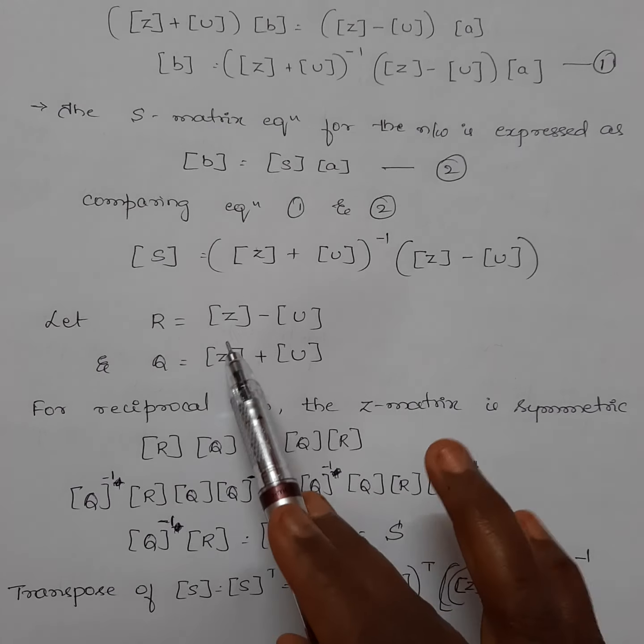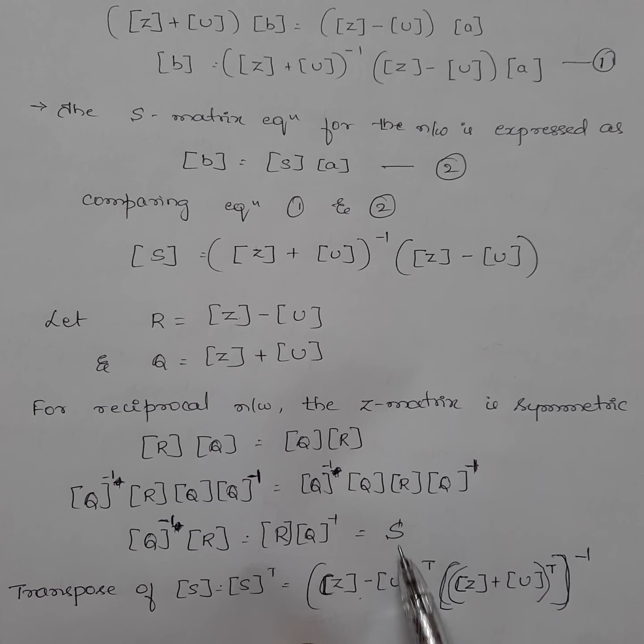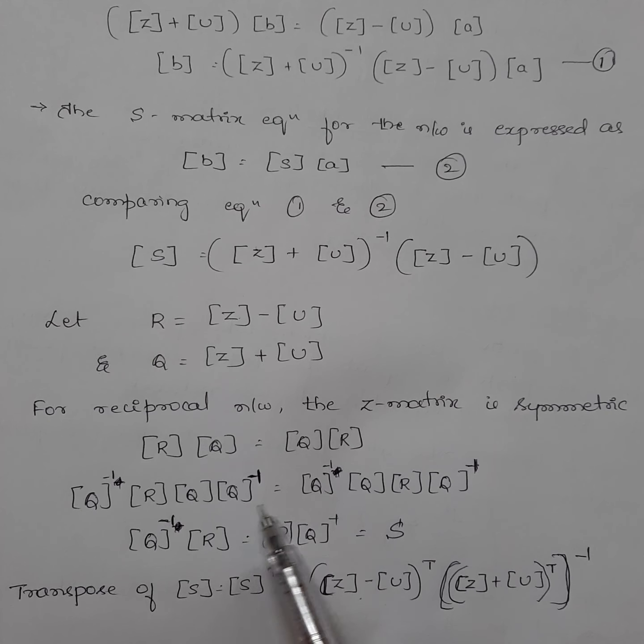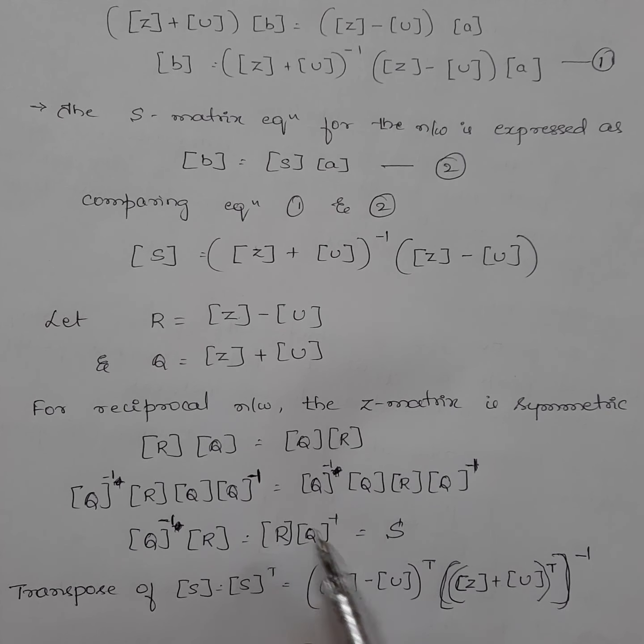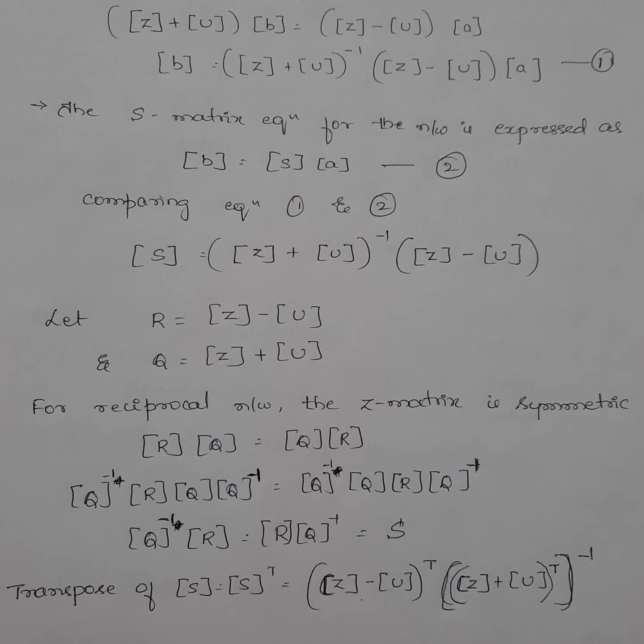R is what? Z minus U. S transpose means R transpose into Q inverse transpose. We have written it like this: Q transpose whole inverse. Hope you understood.